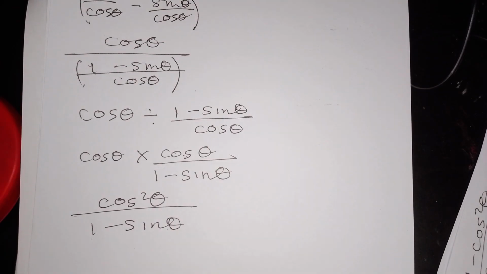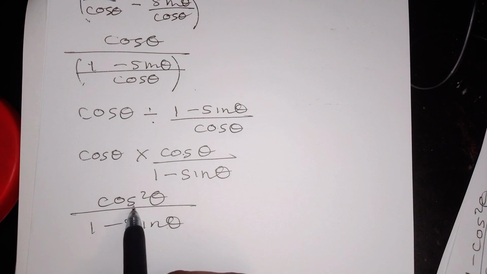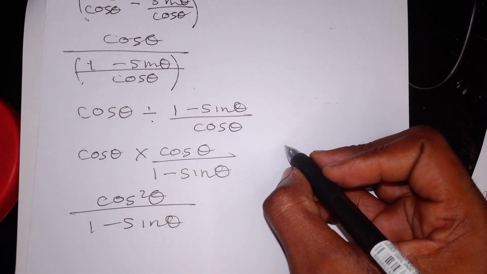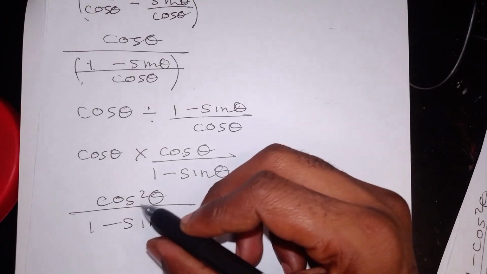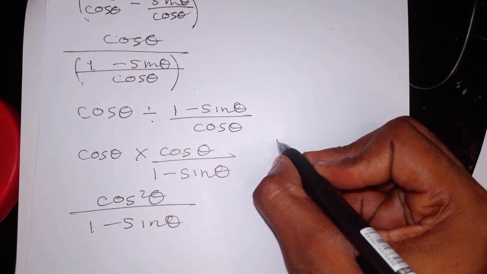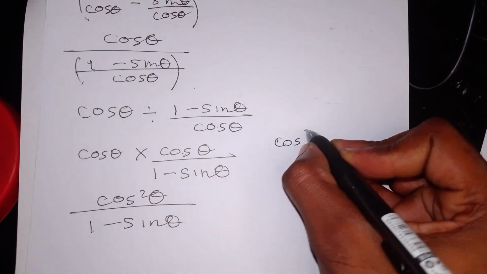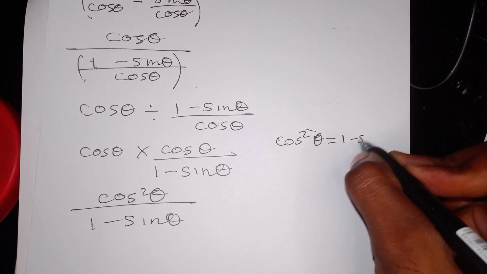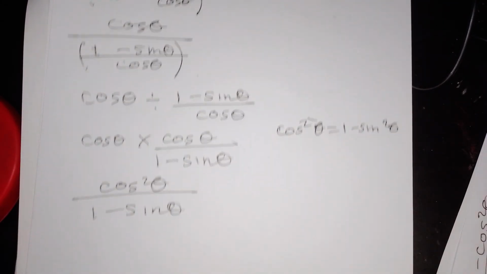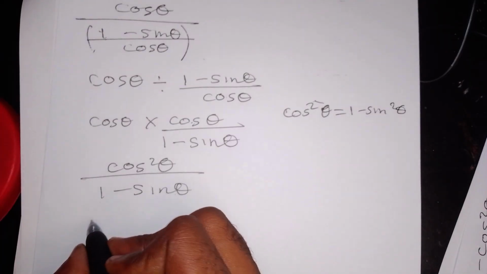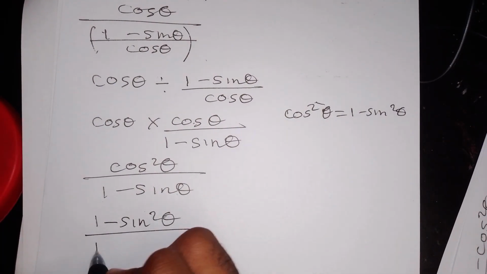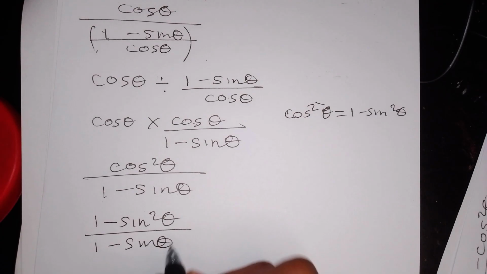So what you want to do is change this to sine by using the first identity. So cos squared theta will be equal to 1 minus sine squared theta. Yeah, so this one will be 1 minus sine squared theta over 1 minus sine theta.